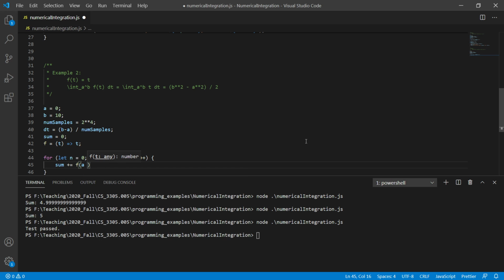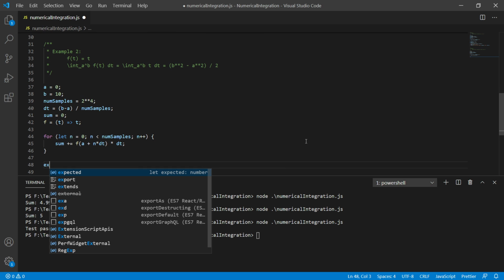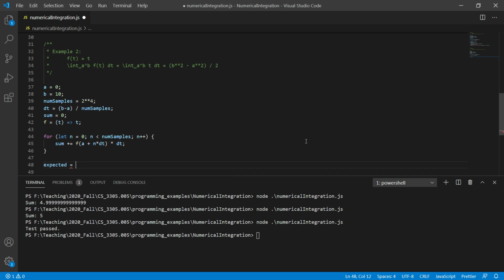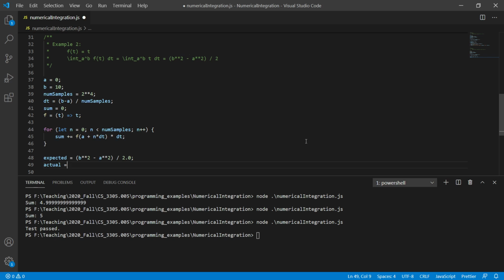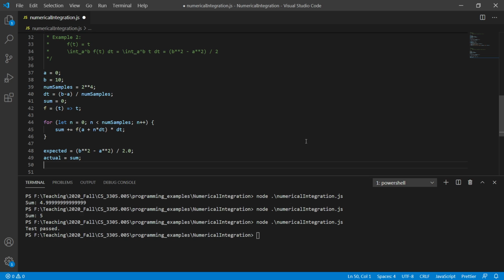And then again, we sample. The expected value, which was our analytical solution. The actual value, which was our numerically computed solution, and then our error tolerance.